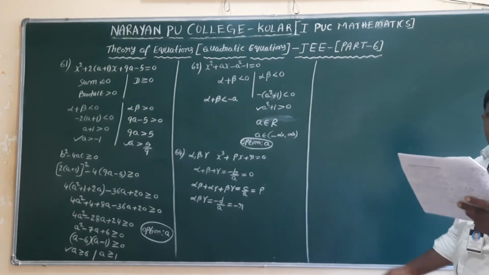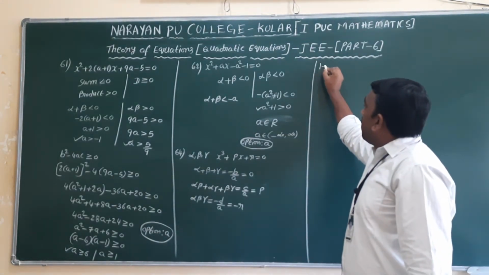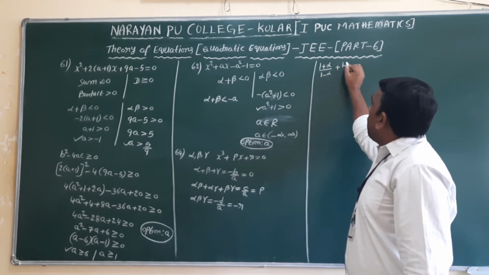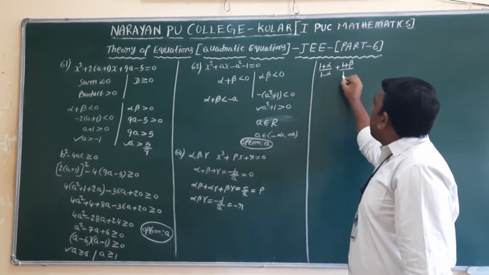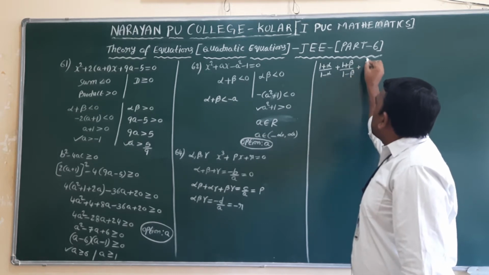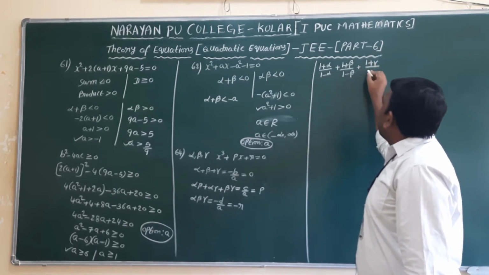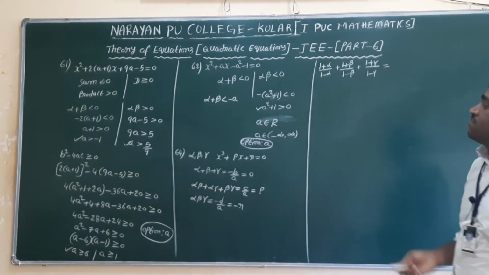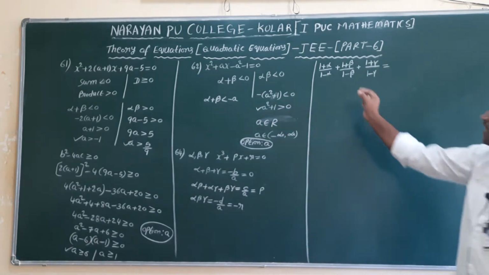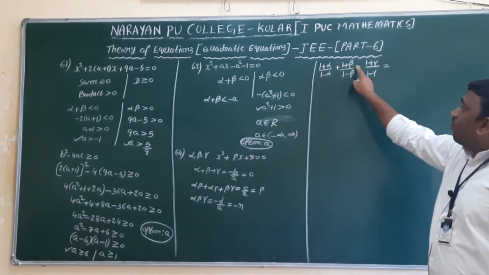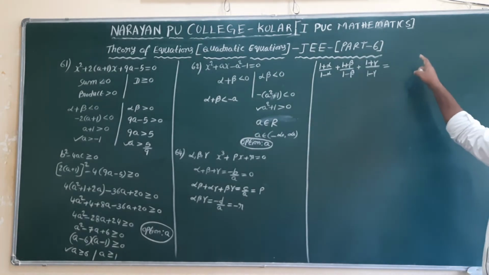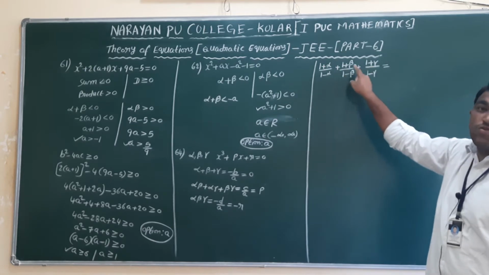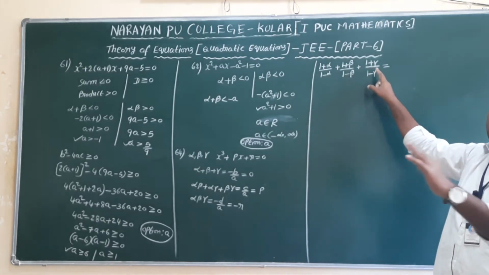Next, the value asked is (1 plus alpha)/(1 minus alpha) plus (1 plus beta)/(1 minus beta) plus (1 plus gamma)/(1 minus gamma). If you want to calculate this value, to each and every term I will add 1 and subtract 1, like that. Adding 1 plus 1 plus 1 is 3, so adding 3 and subtracting 3.